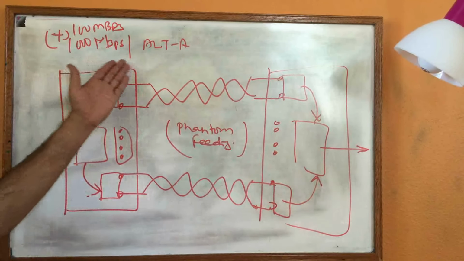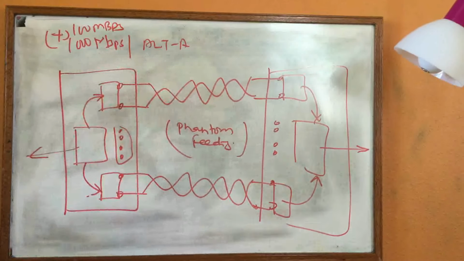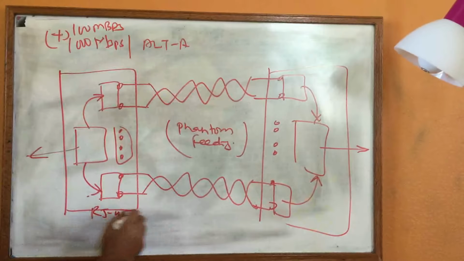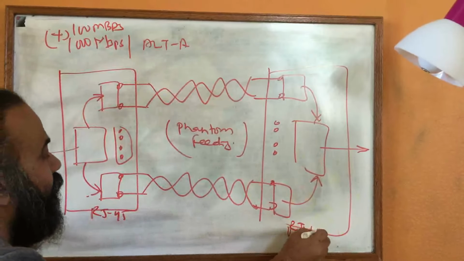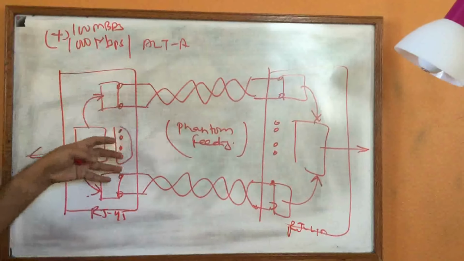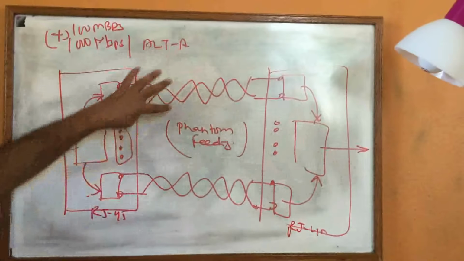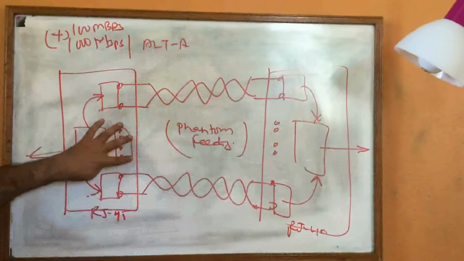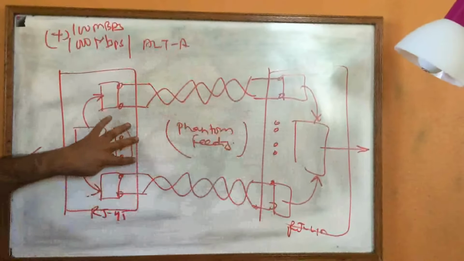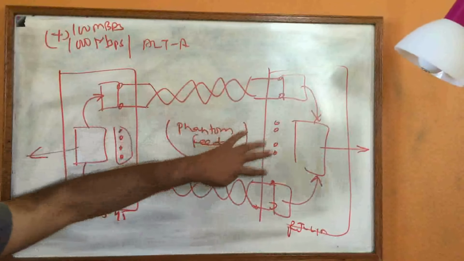So we were talking about PoE, power over Ethernet, our alternate A configuration. This is again an RJ45 jack. We talked about how the power is transmitted over the data pairs itself. These are the data pairs, and we don't have separate power cables going from point A to point B between two RJ45 jacks.